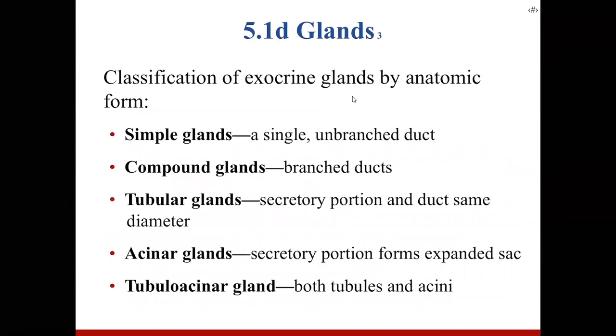Whoops, what's going on? Okay, in anatomy we are always classifying things, right? We're organizing things, either by function or by what it looks like. So it depends on what's going on, and there are all these different classification systems.